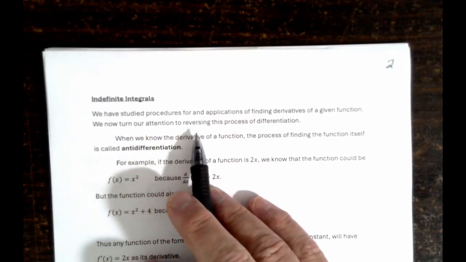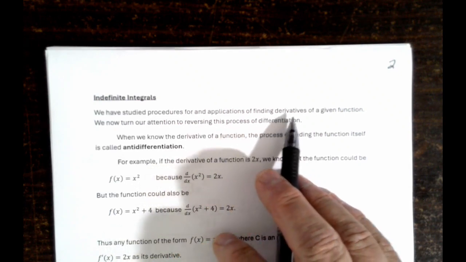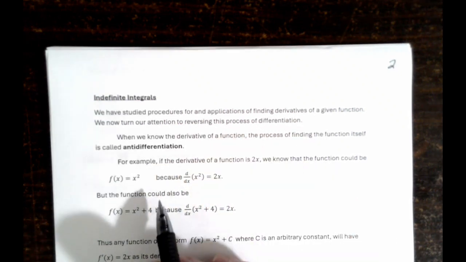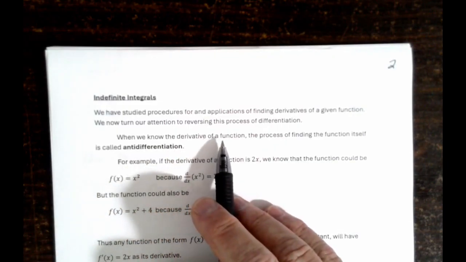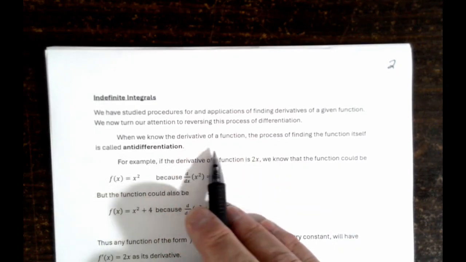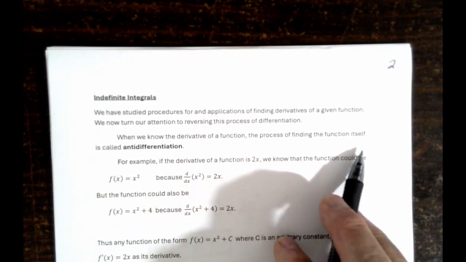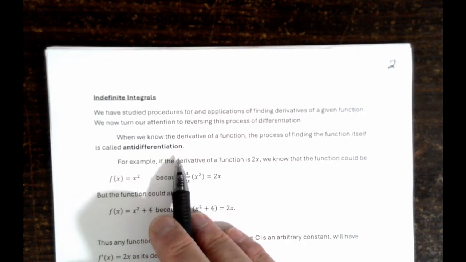We've studied procedures for and applications of finding derivatives of given functions. We did that in the last 3 chapters. We now turn our attention to reversing this process of differentiation. When we know the derivative of a function, the process of finding the function itself is called anti-differentiation.